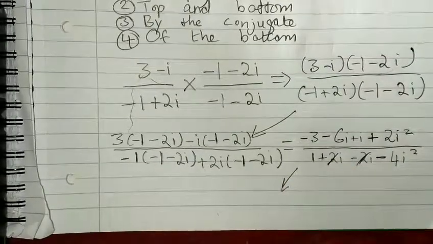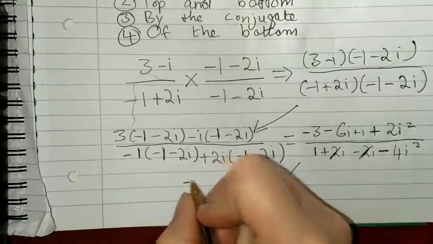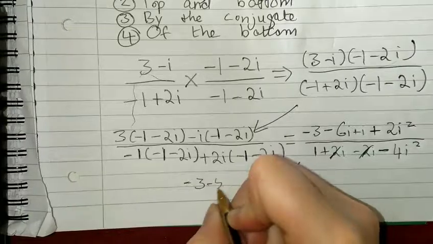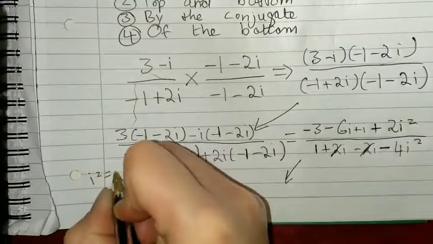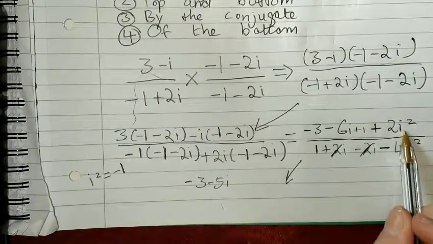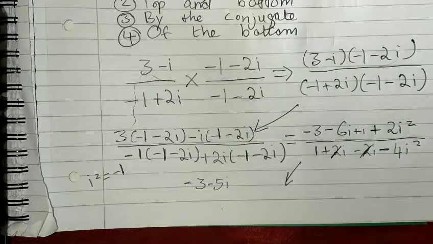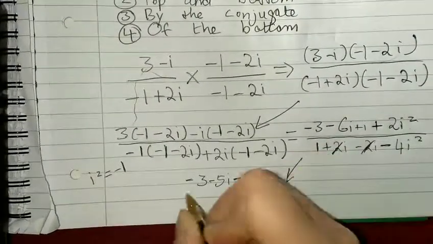Then I'm going to group together the terms that are the same. I'll keep my minus 3 where it is, and I have minus 6i plus i, so that'll be minus 5i. I was told in my question that i squared is equal to minus 1. So instead of 2i squared, I'm going to put 2 by minus 1, which gives minus 2.